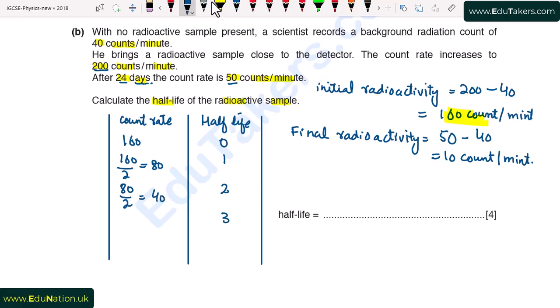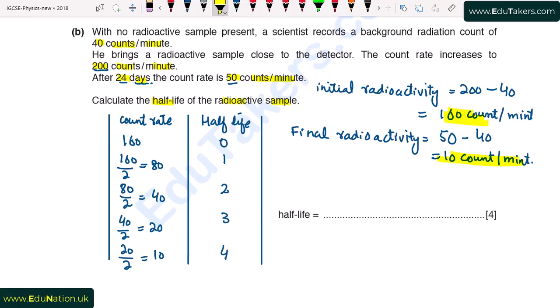Again after 3 half-lives, it will be 40 over 2, that is 20. And after 4 half-lives, it will be 20 over 2, that is 10. So after 4 half-lives, the count rate is 10. That is the final count rate. It means that 4 half-lives have passed.